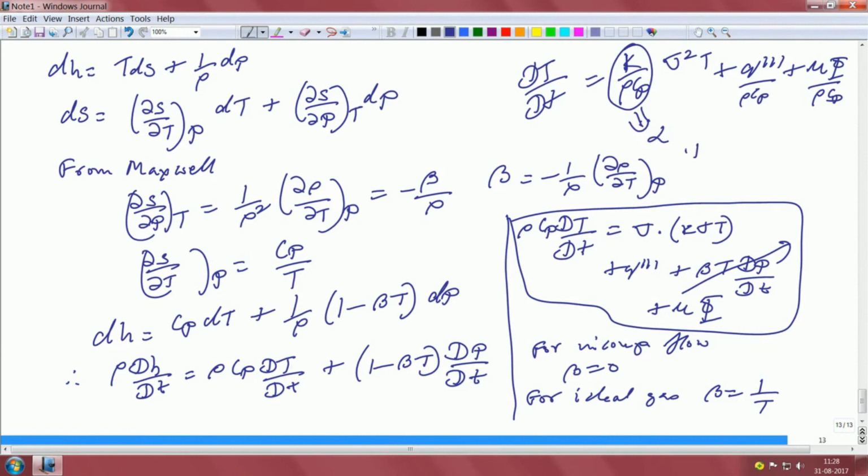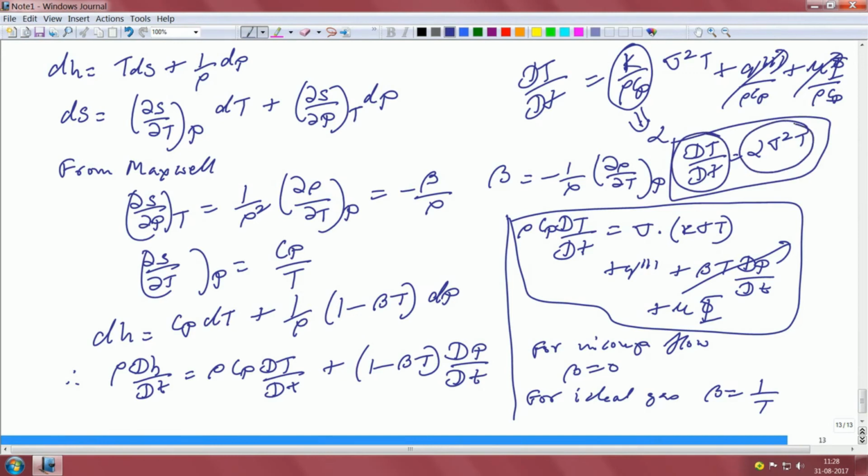So it is basically DT by Dt equal to alpha into del squared T. In most cases when there is no heat generation, that term goes off. When there is no viscous dissipation effect, that term also goes off. This is the most familiar expression, where this is the convective term and this is the diffusion term.